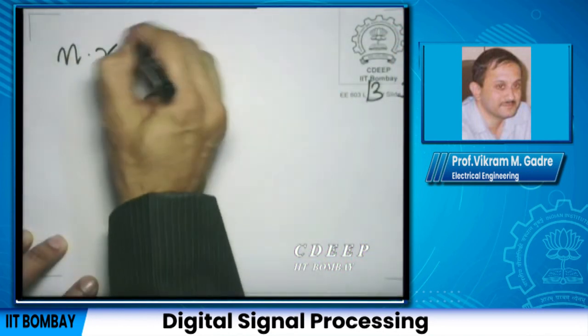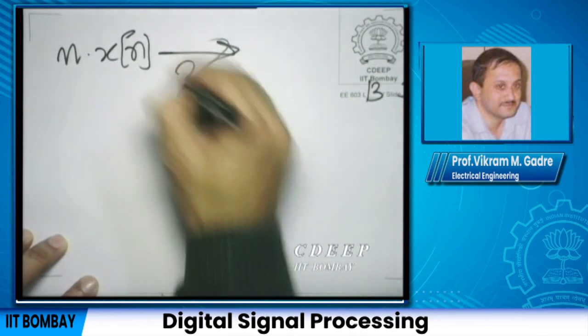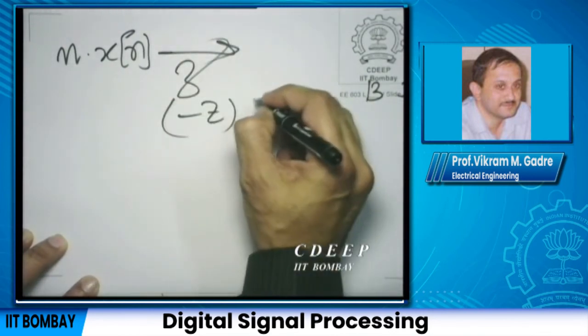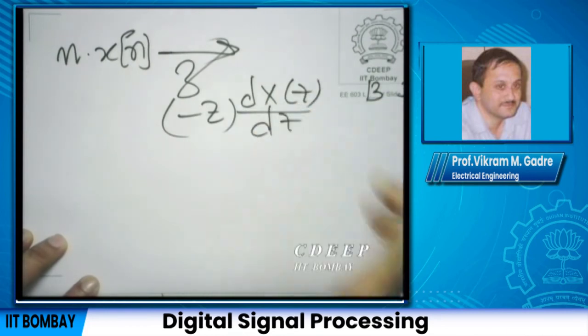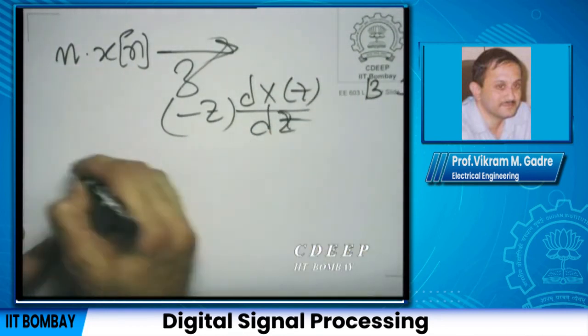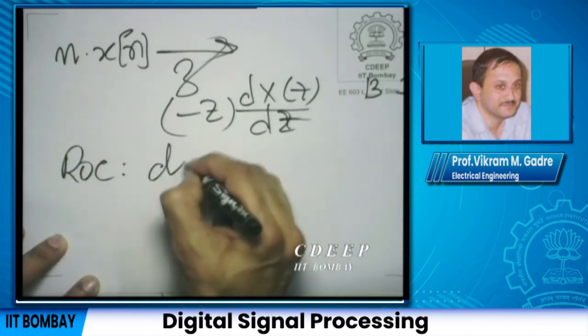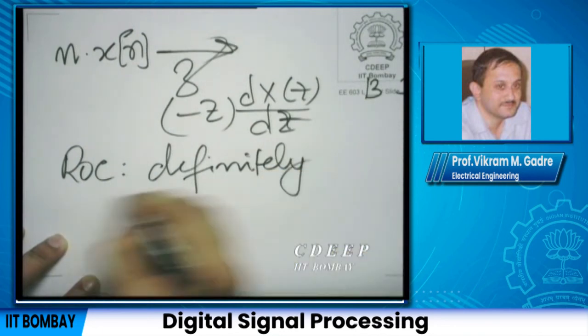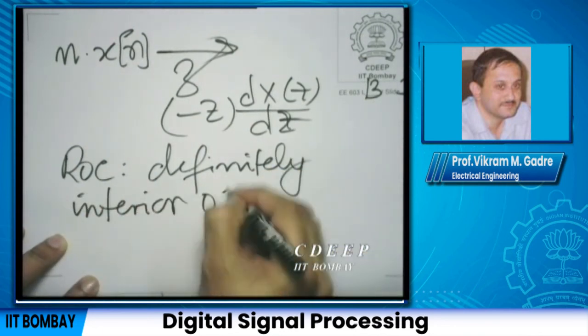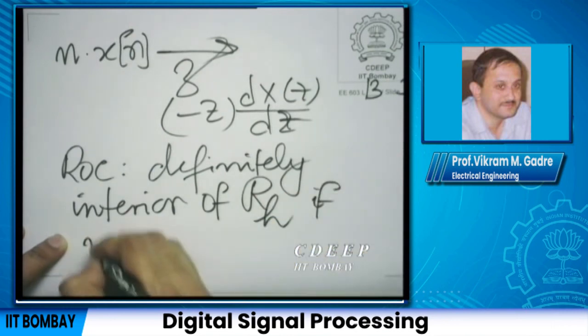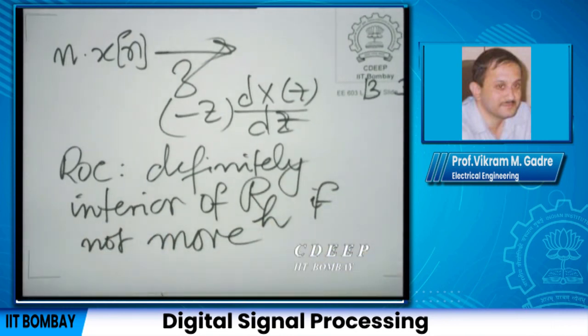What we have said effectively is that n times x[n] has the Z transform minus z dX(z)/dz, and the region of convergence is definitely the interior of R_H, if not more. And the more essentially refers to the boundaries.